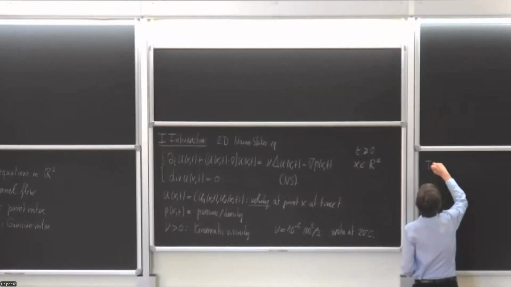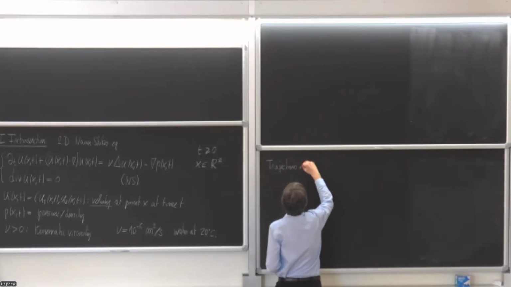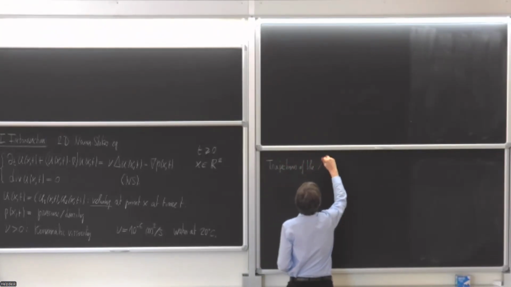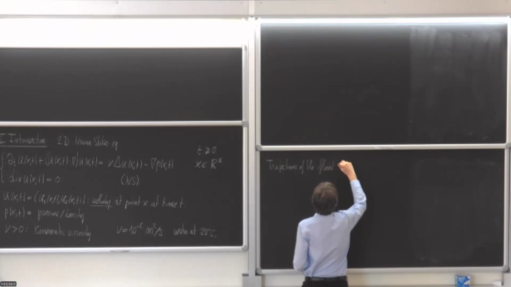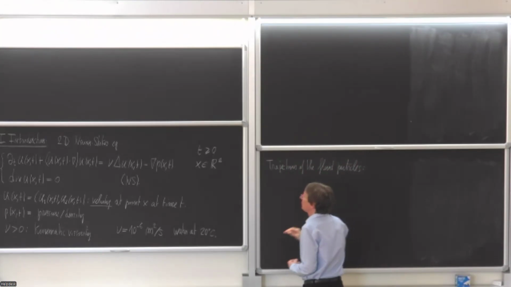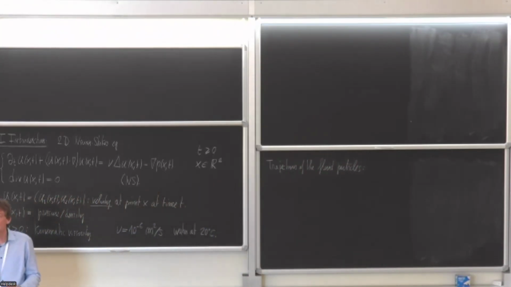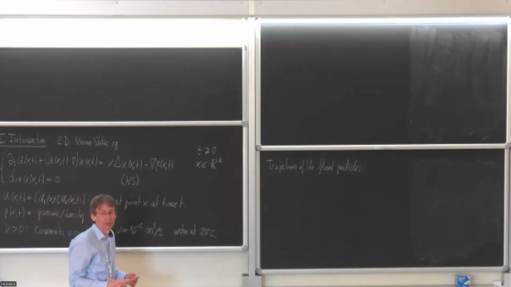You can consider the trajectories of the fluid particles. Even if you have a solution of the Navier-Stokes equation, so you know what the velocity is at each time and at each point, you can reconstruct all information about the fluid particles, but for this you have to solve an ODE.